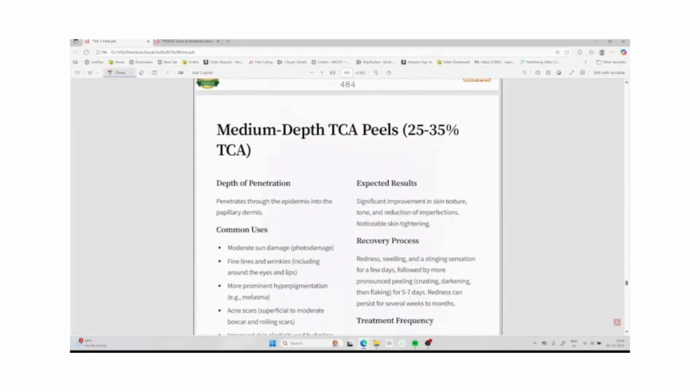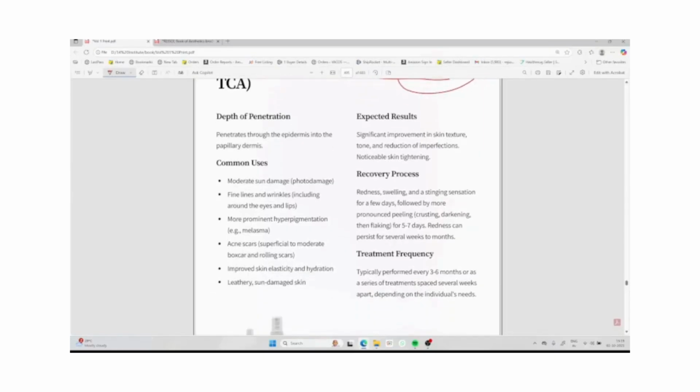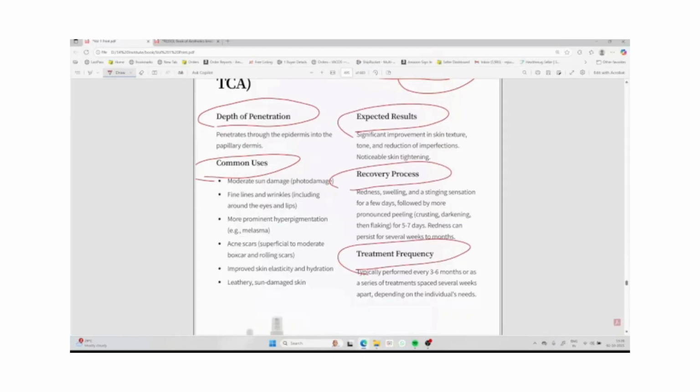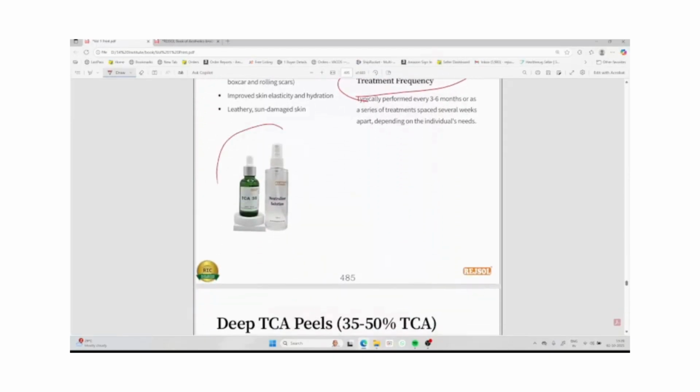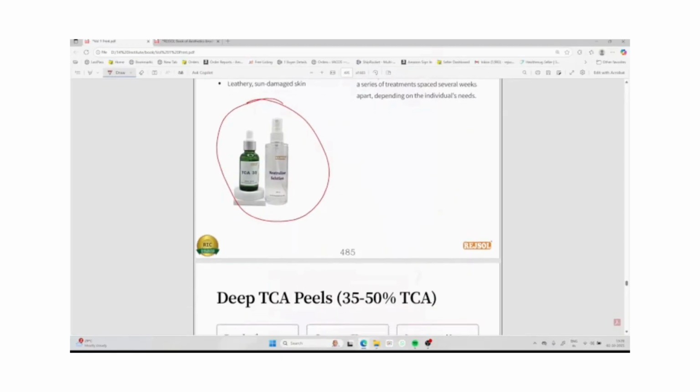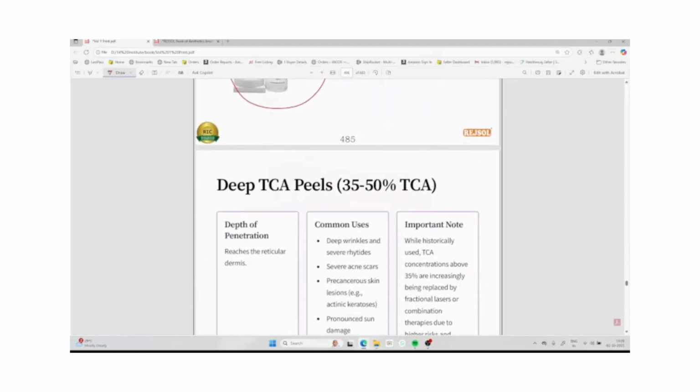Then medium to deep peels: the strength to use, where it is used, the depth of penetration, the expected result, the recovery process, and the treatment frequency. Everything is discussed in detail.